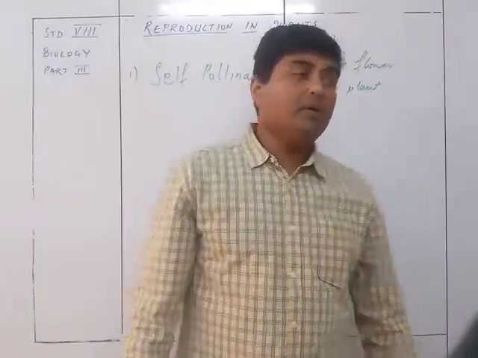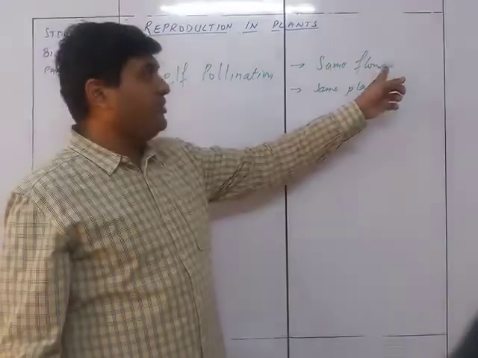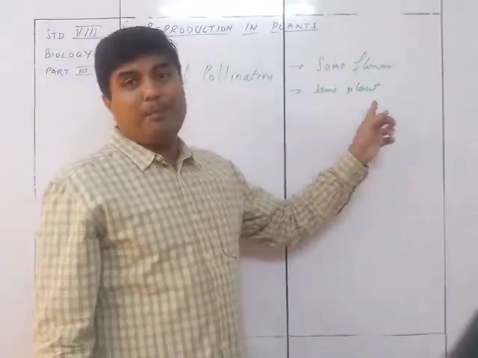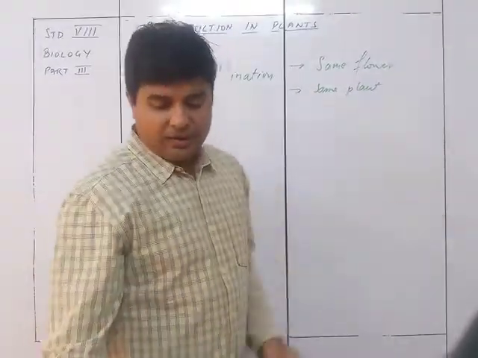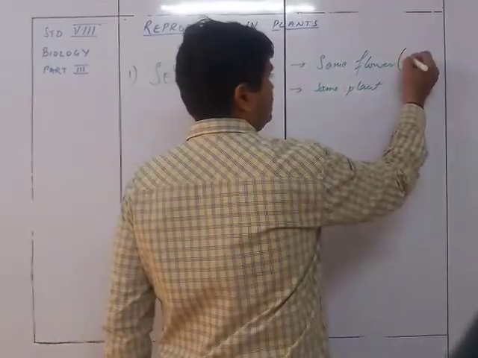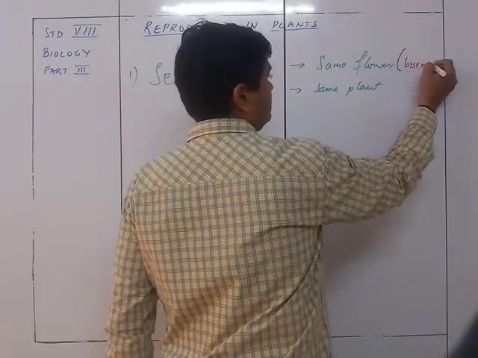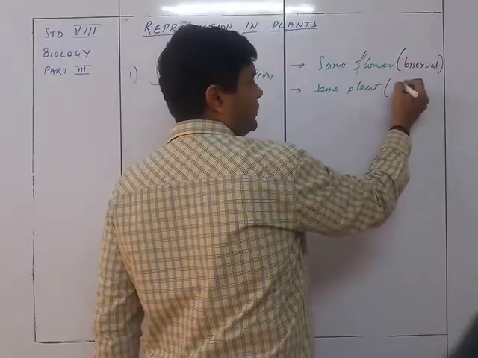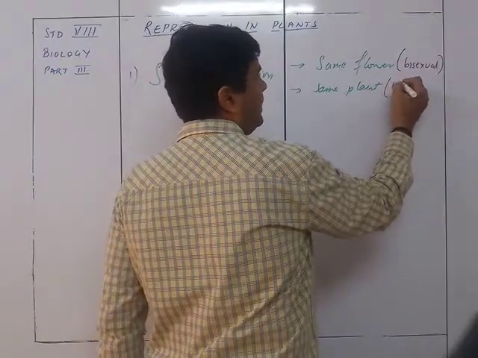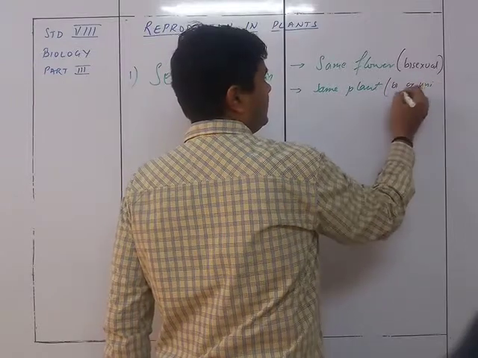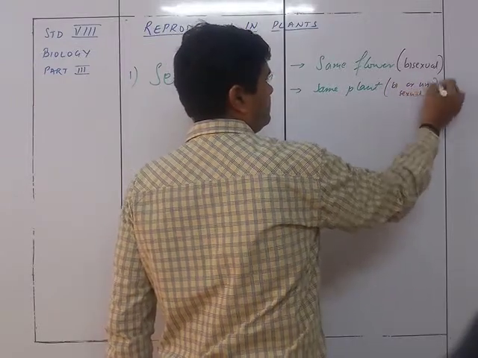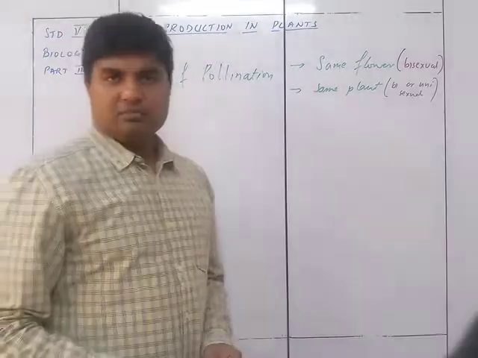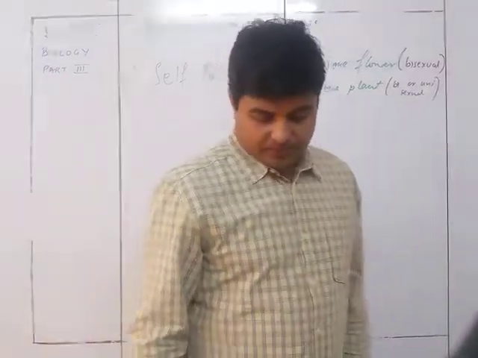So self-pollination takes place between the same flower or the same plant. The same flower needs to be bisexual. This could be bisexual or unisexual. When it is the same plant, it could be anything. Both are possible.